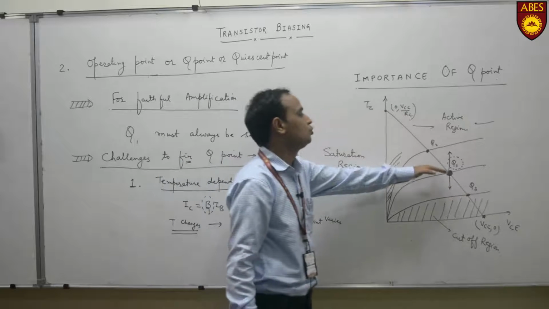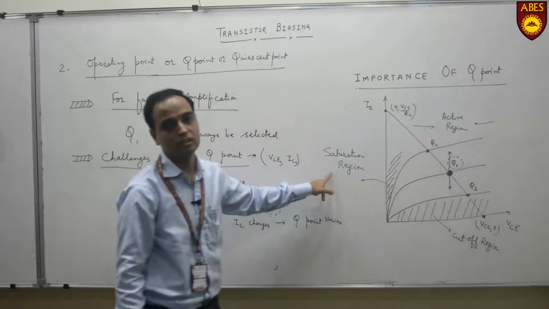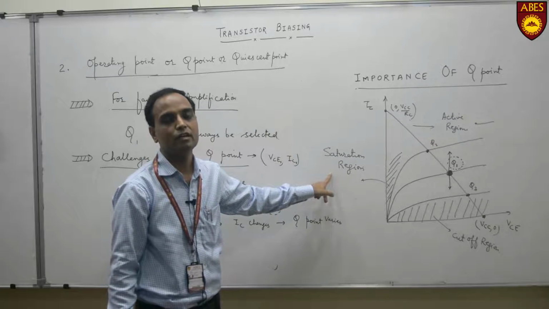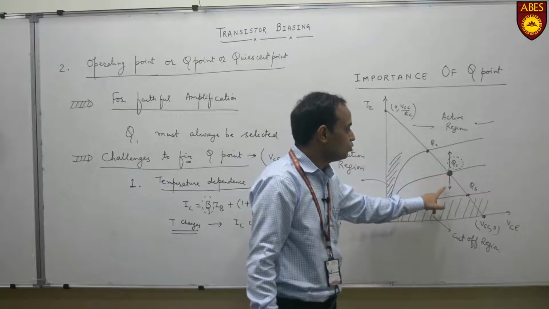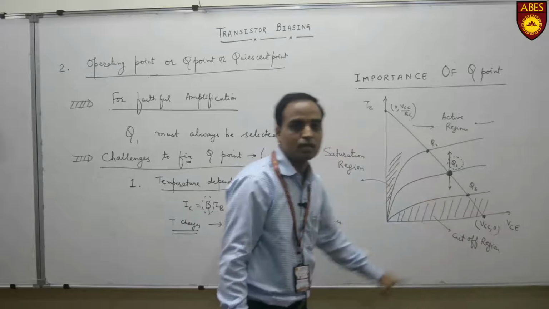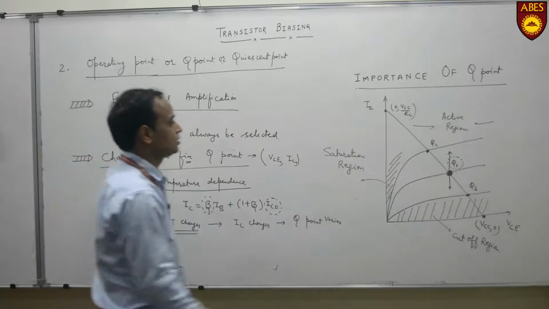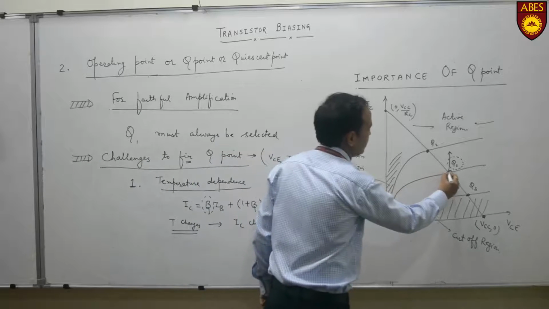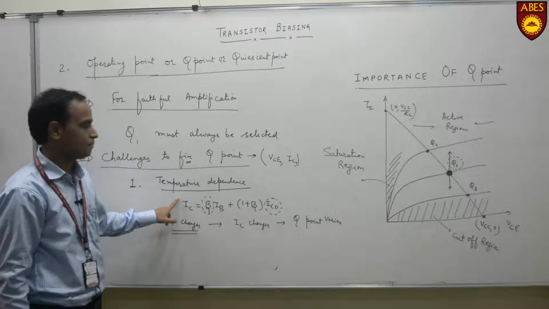Upward means the Q point will try to move towards the saturation region, which is very unhealthy for faithful amplification. If it decreases, it moves downwards, near the cutoff region, which is also not a suitable location for the operating point. So the first hurdle is temperature dependency.